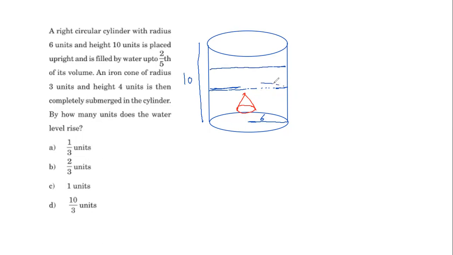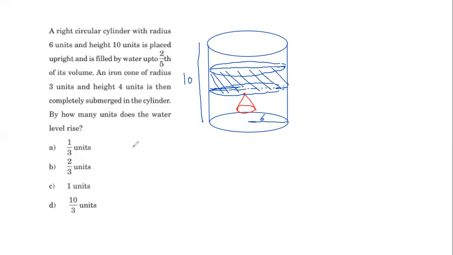Now the idea is that the volume of this raised part, do you acknowledge, will exactly be equal to the cone, because the rise in the water is happening because of the cone.